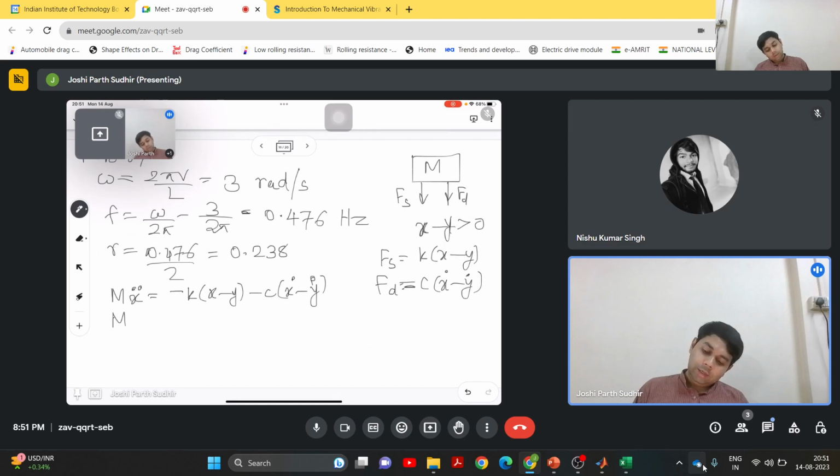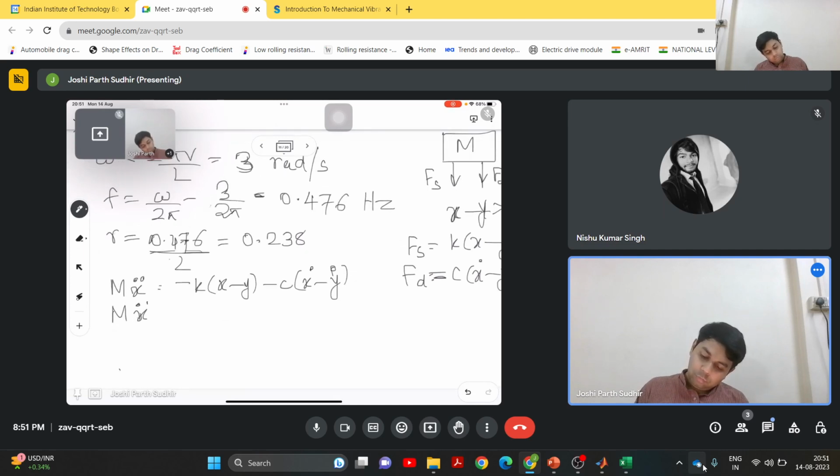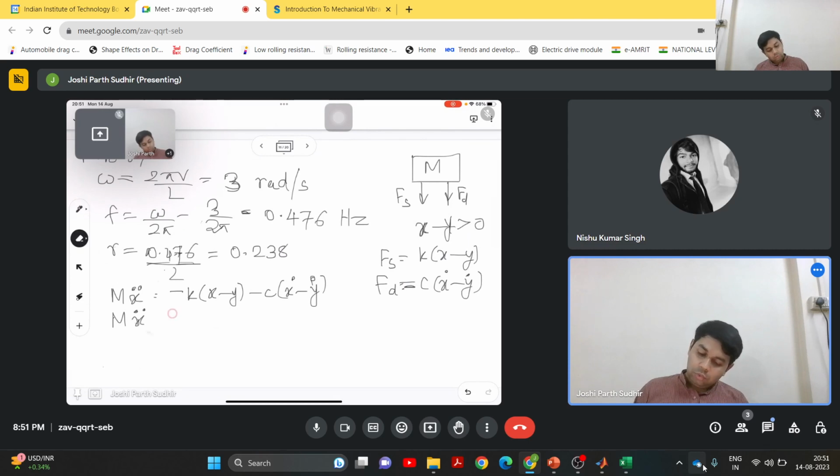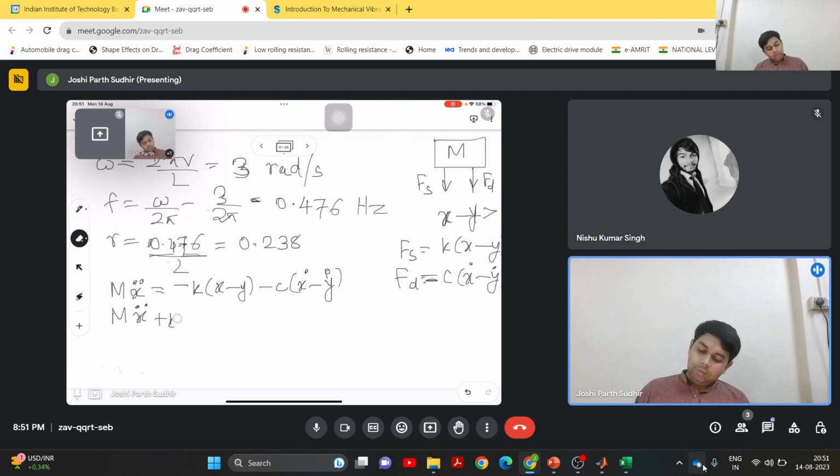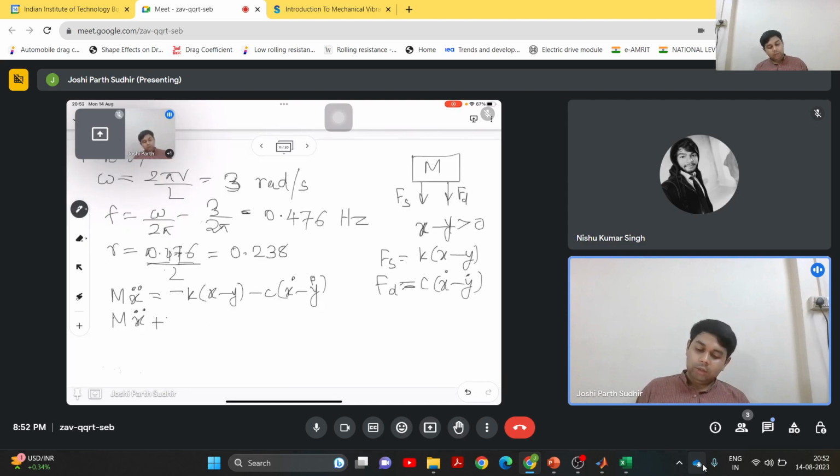Alternatively, we will collect the terms related to the x coordinate on the left hand side and keep the terms related to y on the right hand side.